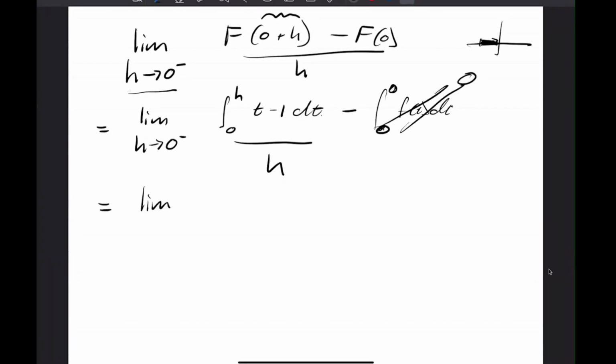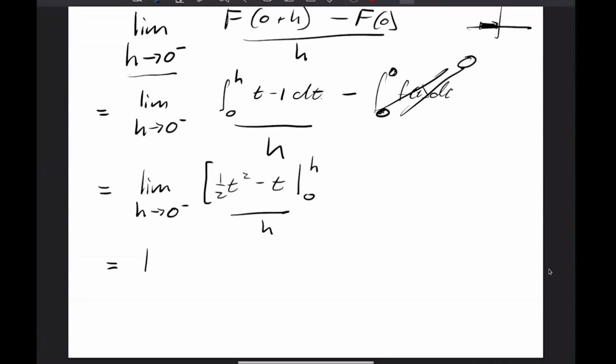So the limit as h tends to 0 from the left, that is half t squared minus t, evaluated in between 0 and h, all over h. And what is that? That is the limit as h tends to 0 from the left, and that is a half h squared minus h over h.